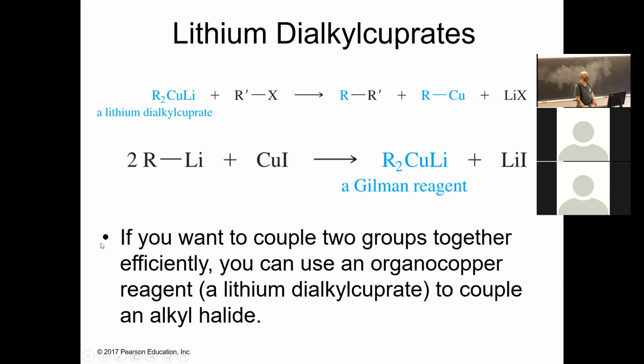This is a way of coupling 2 groups together to make an alkane, or could also be an alkene, but only one of these R groups reacts. The other one stays with the copper.